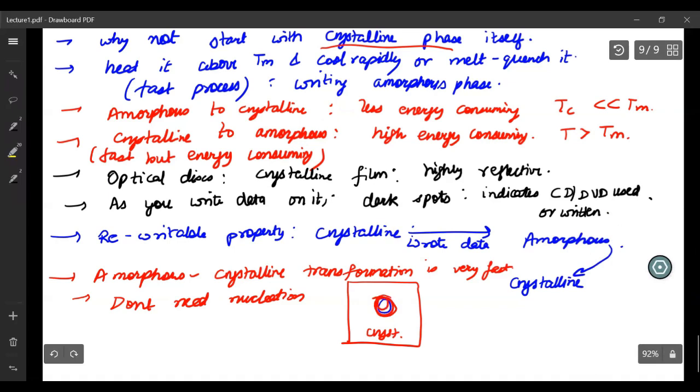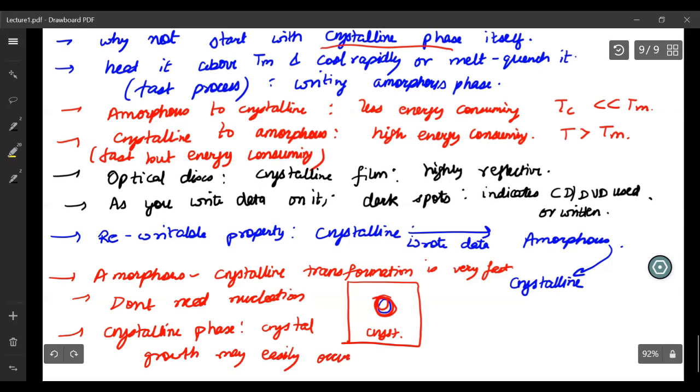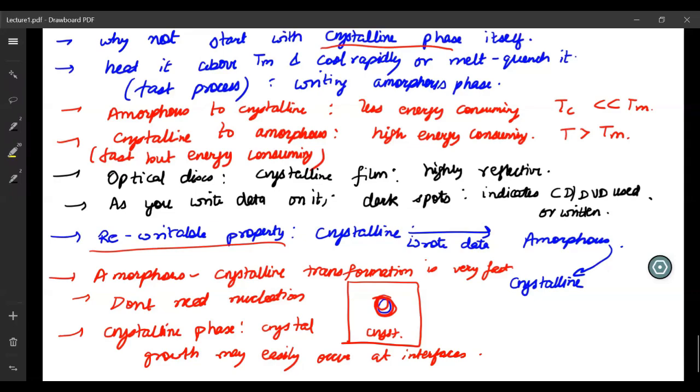It is surrounded by crystalline material. So the crystalline phase, or crystal growth, may easily occur at interfaces. Since nucleation is not involved here, this is also very fast. So these kinds of disks come with a rewritable property. And you see how engineers made your lives very simple and at the same time elegant.